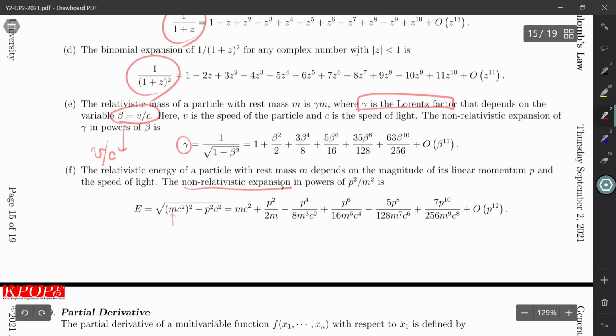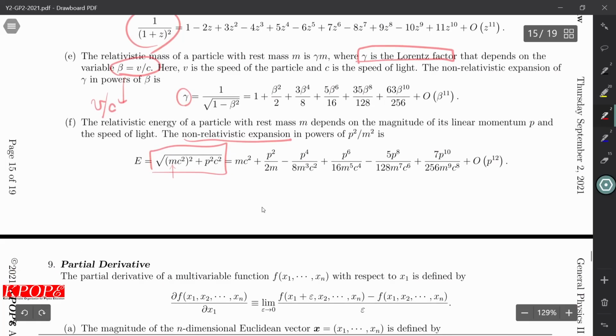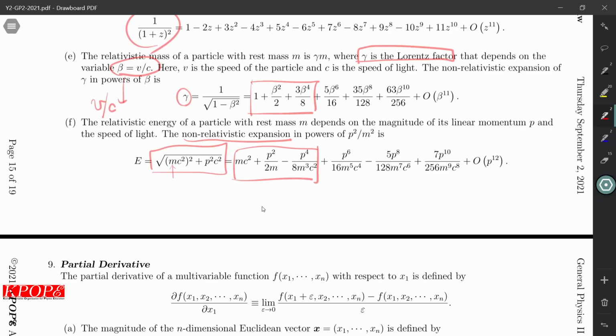The non-relativistic expansion can be done by applying the binomial theorem. Again, you must be able to expand at least 3 terms. Do not simply memorize, but you must be able to expand by hand.